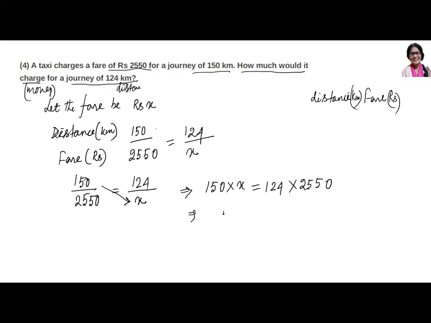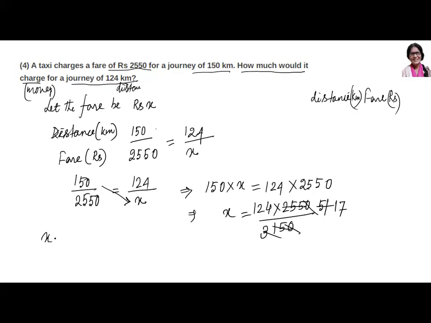Or x is equal to 124 multiplies 2550 upon 150. Cancel a 0, then cancel with 5, 3 times. Here I'll get 5 5 1, then 3 17.